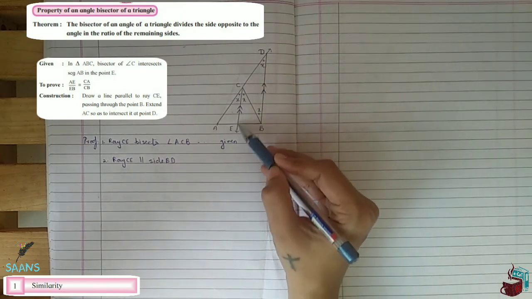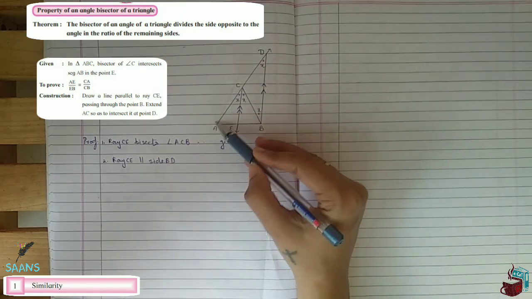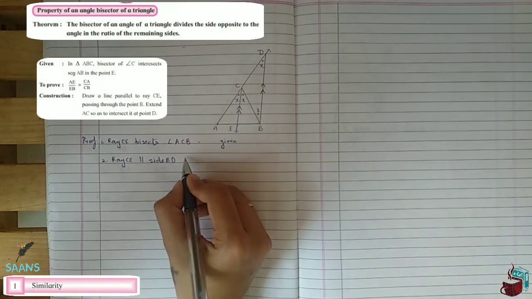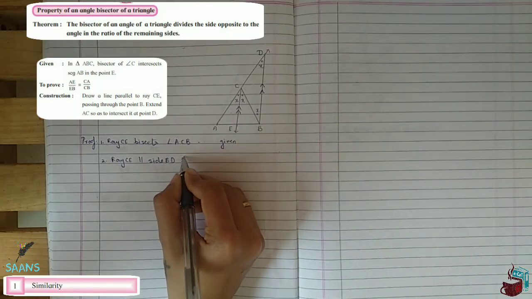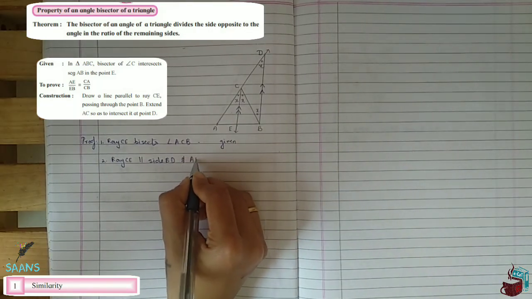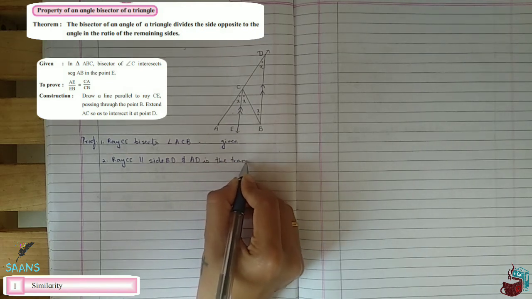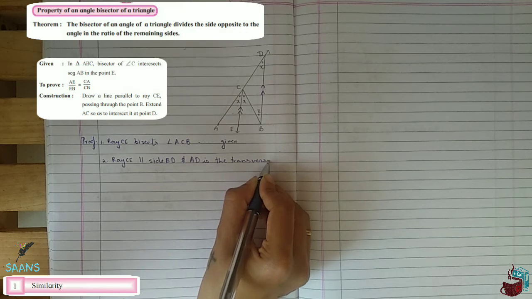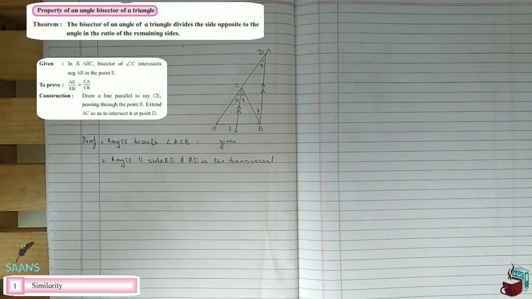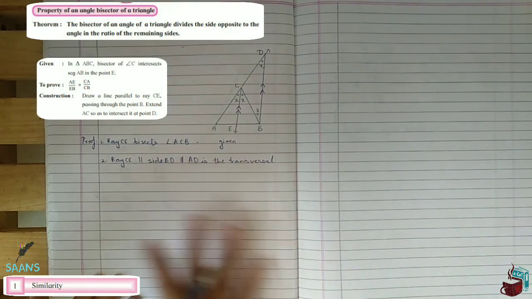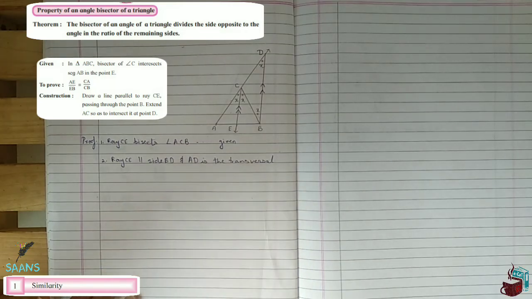This is parallel to this and AD is the transversal. Just write, and AD is the transversal. I think you have already done what a transversal is and everything in chapter 2 for 9th grade geometry.